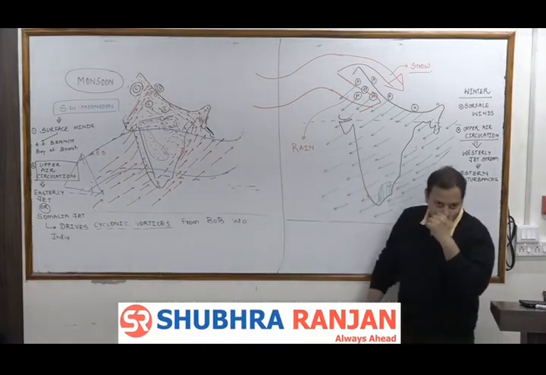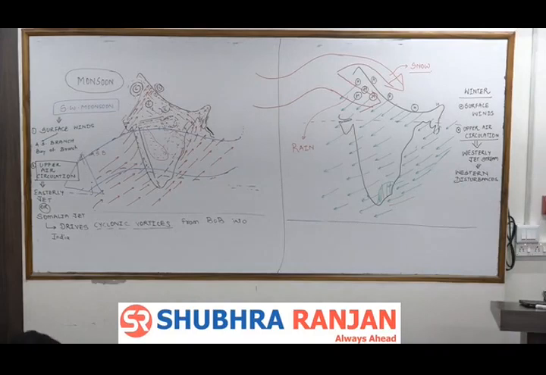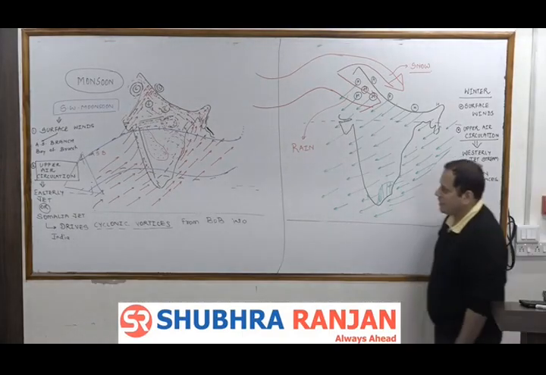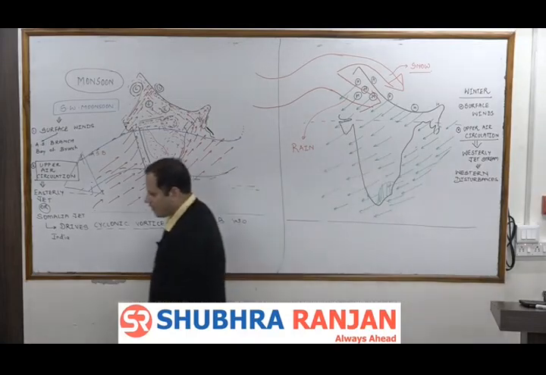So the Indian type of climate is also known as monsoon type of climate, or tropical deciduous biome.